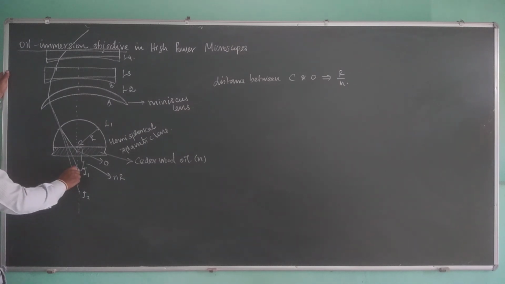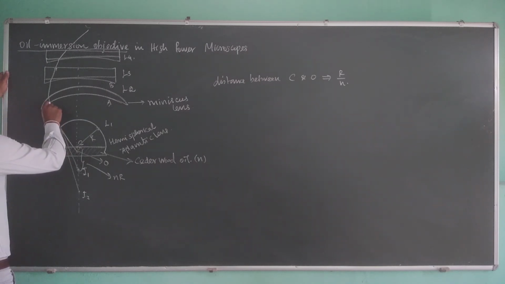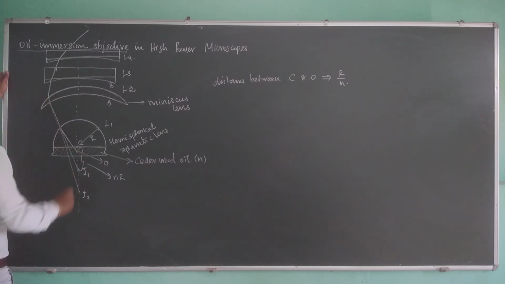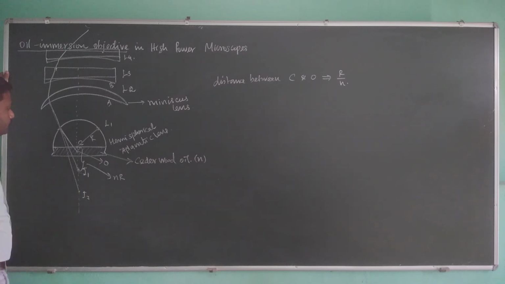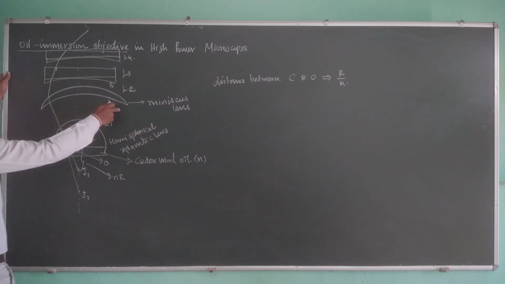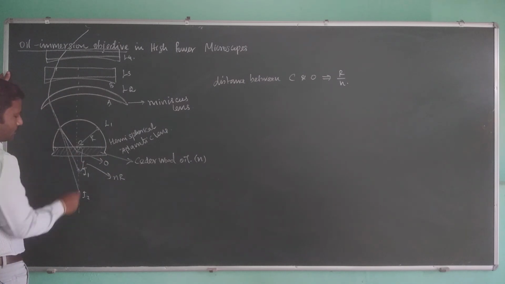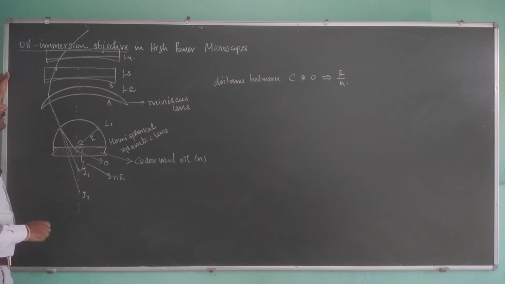In that case, the light ray coming out from the surface will enter the lower surface. After refraction, it looks like it comes from I2, right? Which means for the lower surface, I1 and I2 are aplanatic points for the lens system L2, and assume that for the upper surface also I1 and I2 are aplanatic points.